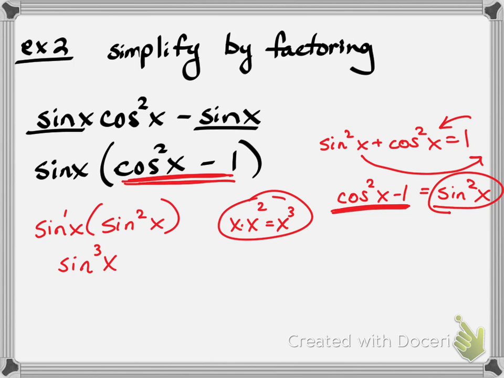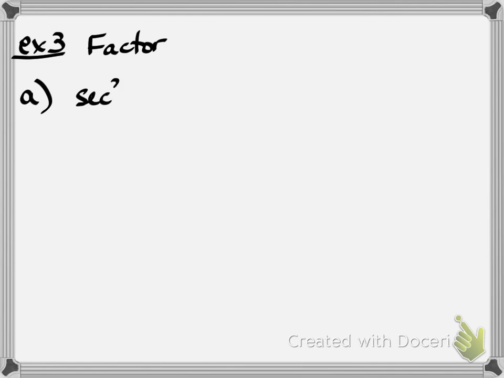All right, let's see example 3. Example 3 says factor. A part. What if we have secant squared theta minus 1? Well, hopefully that reminds you of a difference of squares, which we'll do as a minus b, a plus b.